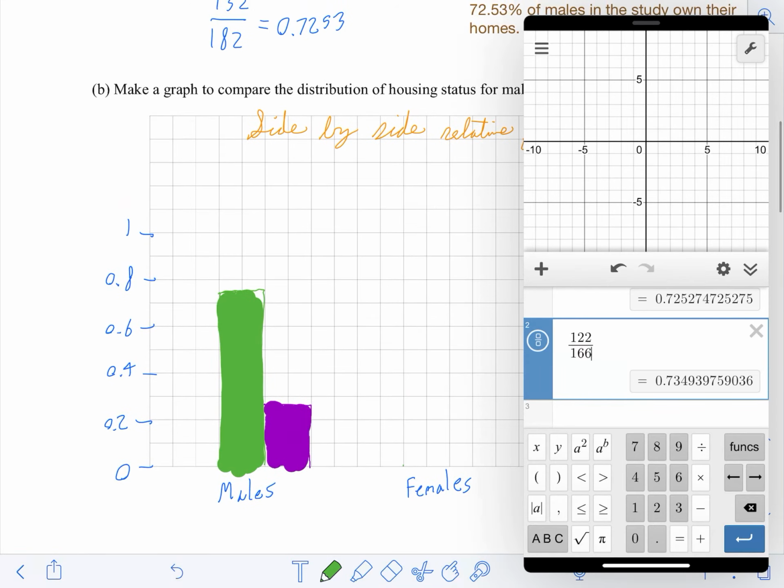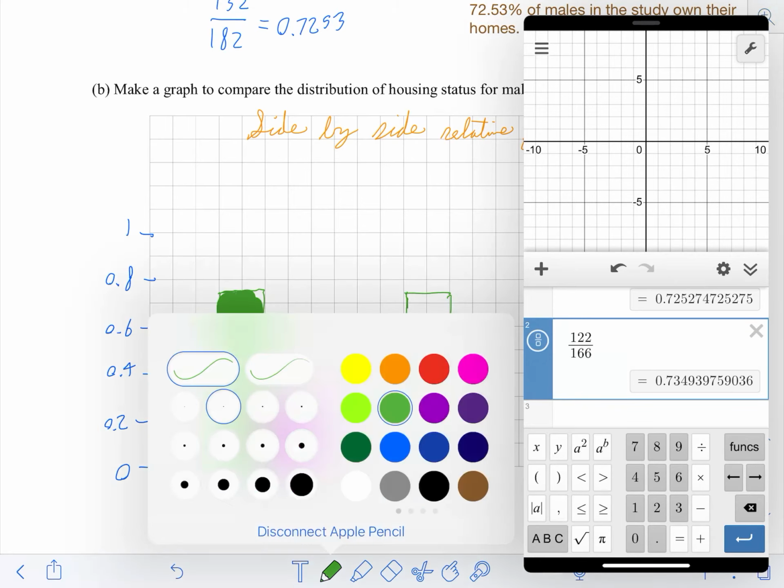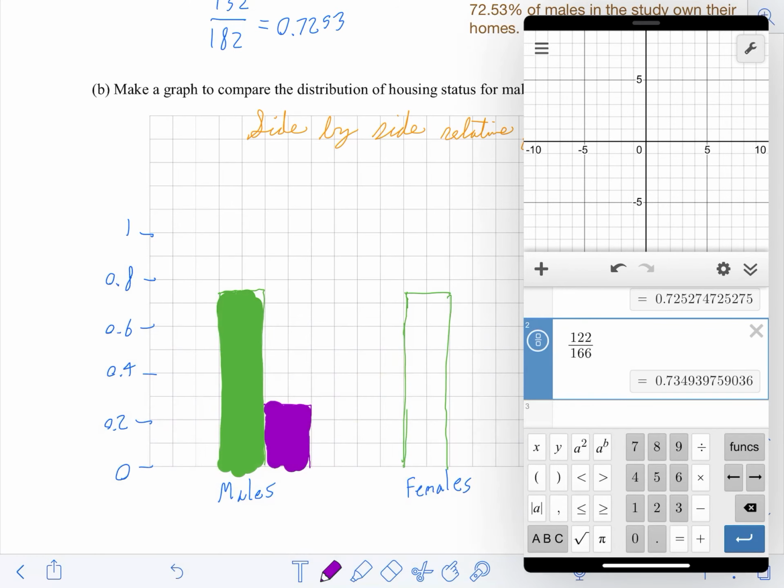Actually, I think it's a little higher than the males, 73 versus 72. So it's going to go up just a little bit higher than that one, 73.2%. And then for those who rent, a little bit lower.